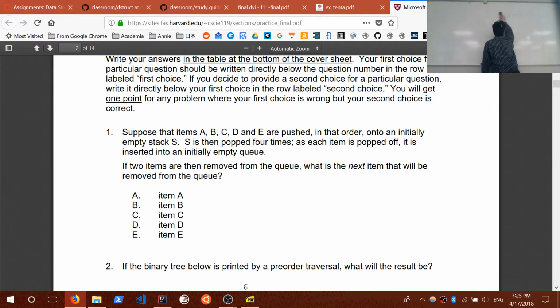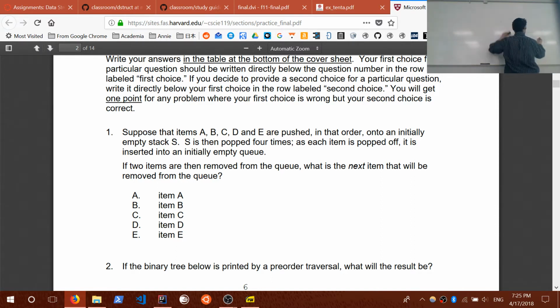Use it, right? Okay, so we're going to insert A, B. I'm not even going to bother trying this in my head. There's no need to prove that you're super smart. A, B, C, D, and E inserted into a stack, in that order, right? Now we pop the stack 4 times, and every time we pop the stack, we insert the item into a queue. So E gets popped off and inserted into the queue.